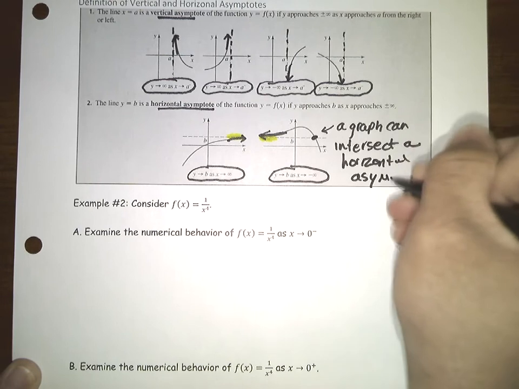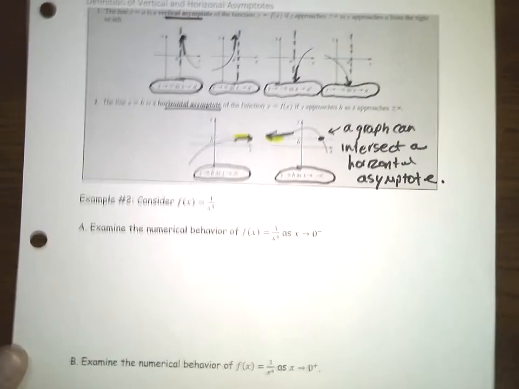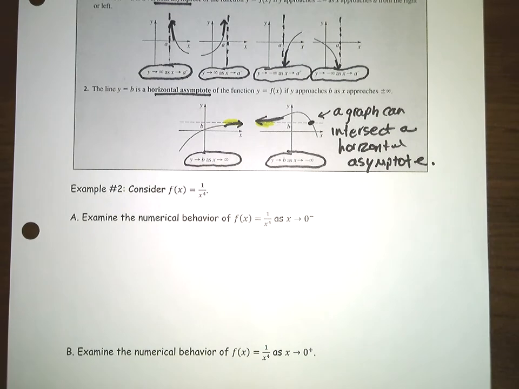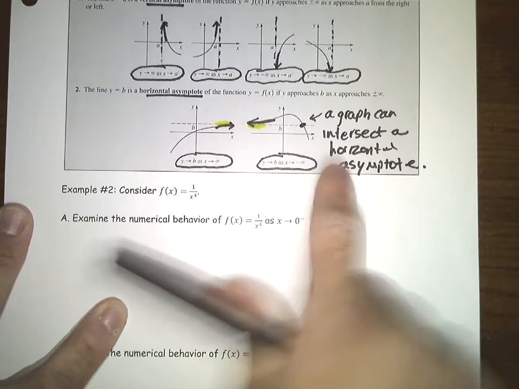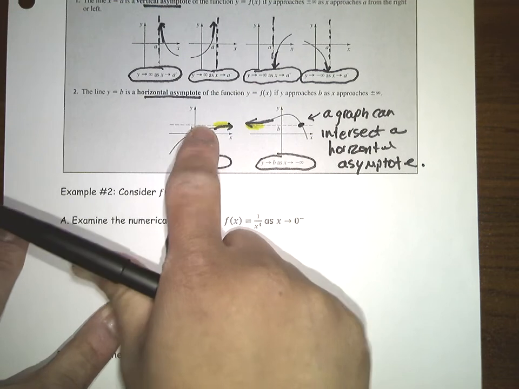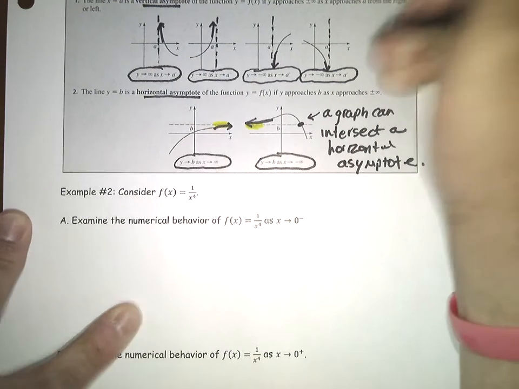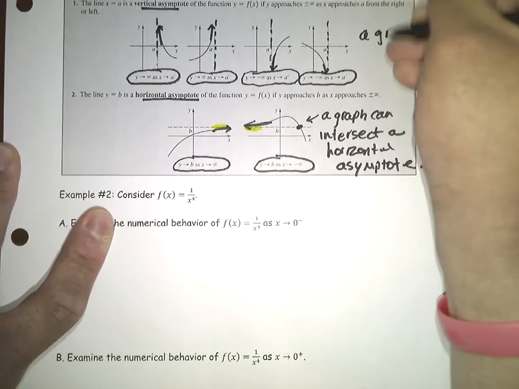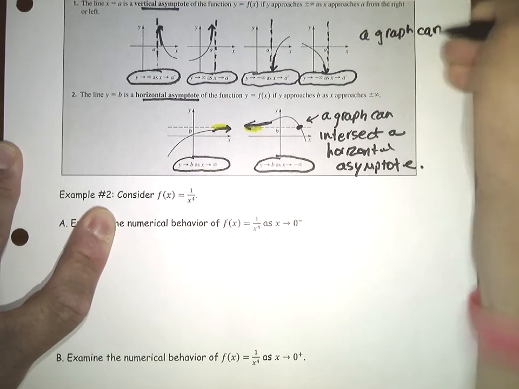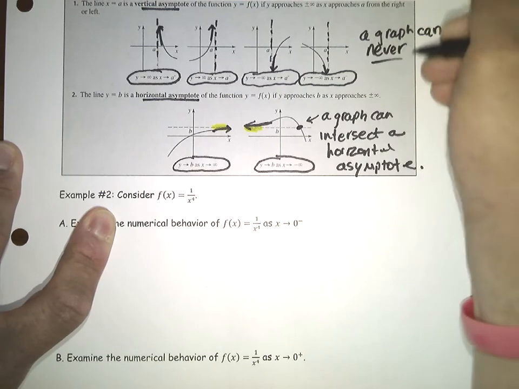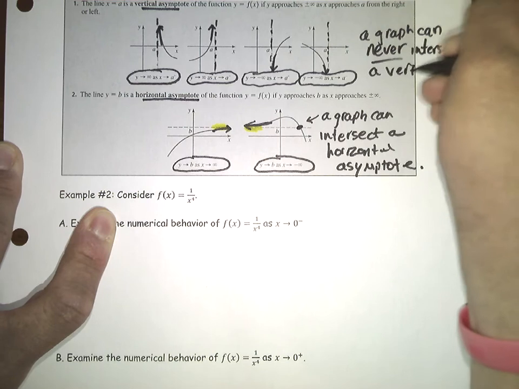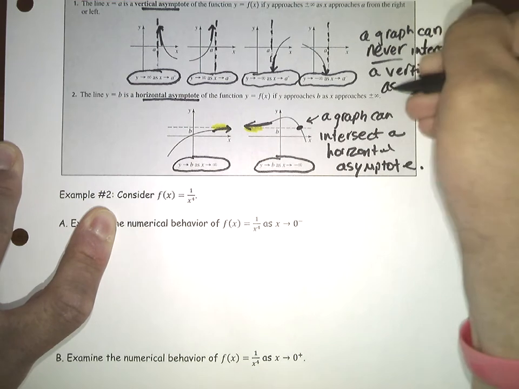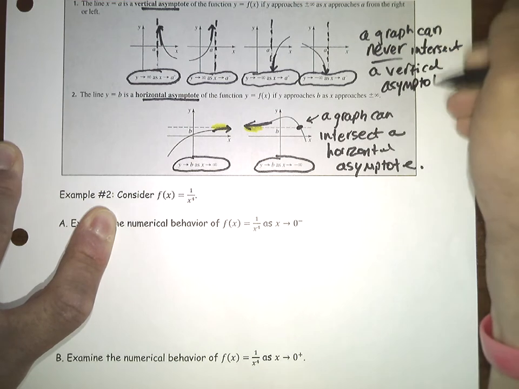So hopefully that all makes sense: a graph can never intersect a vertical asymptote, but it could intersect a horizontal asymptote. It doesn't have to, because this graph shows that, but it could. So a graph can never intersect a vertical asymptote. That is really one thing that you should keep in mind.